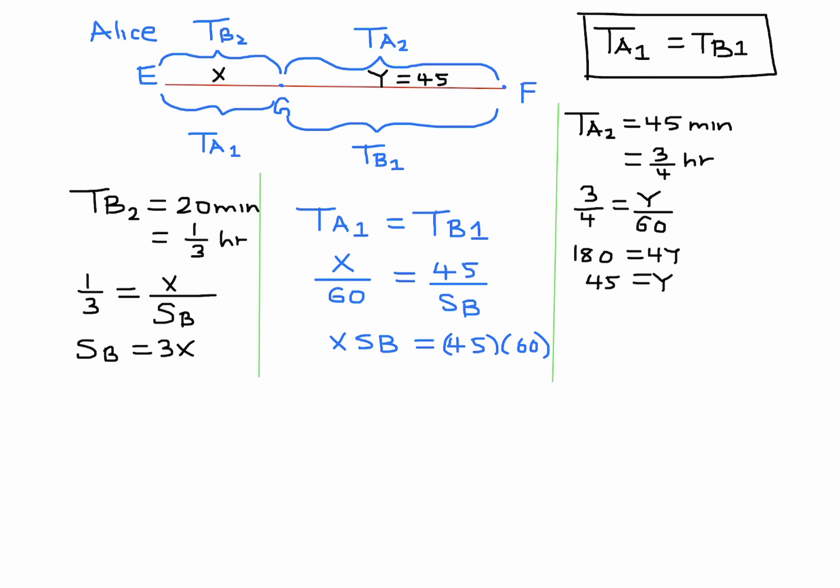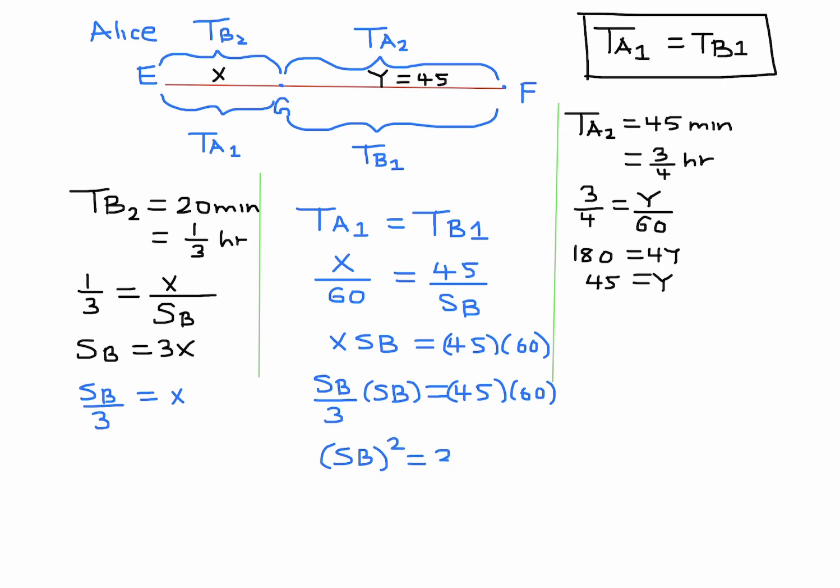And we know that SB is equal to 3x, or x is equal to SB over 3. So we can substitute that in. So we got SB over 3 times SB is equal to 45 times 60. And then if we cross multiply, this is going to be SB squared will be 3 times 45 times 60.